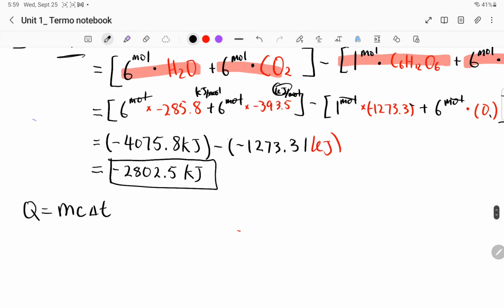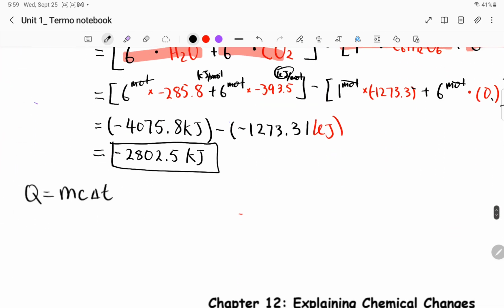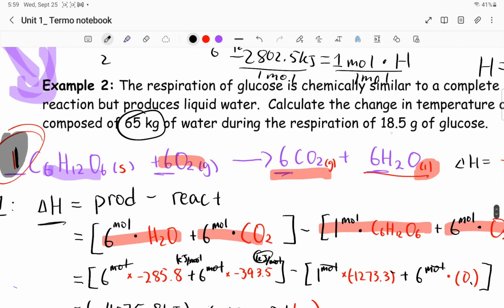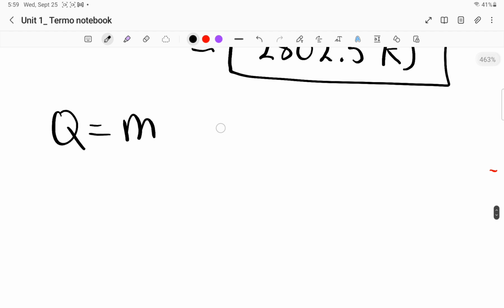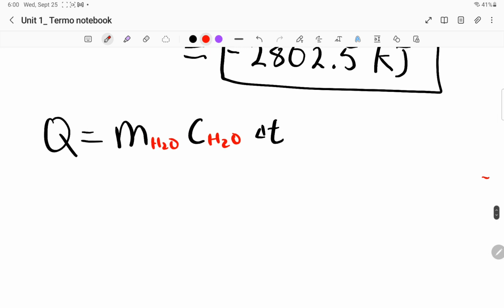We have to make sure that in mc delta T we use the water mass, not the glucose mass. Something that might help you on a test is to write mass of H2O, C of H2O, and then delta T.